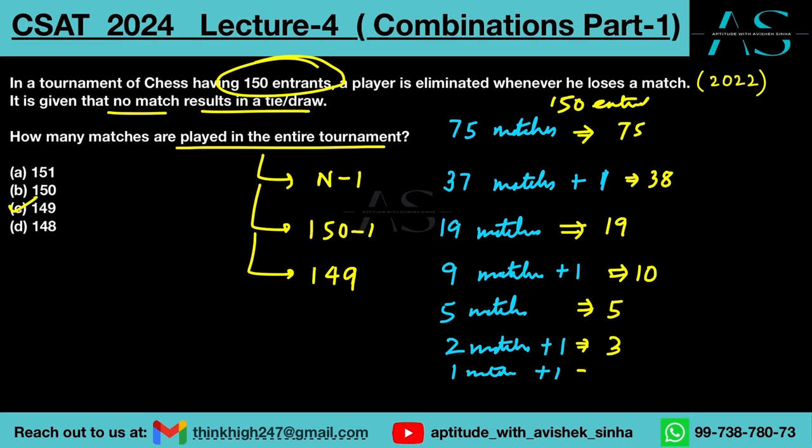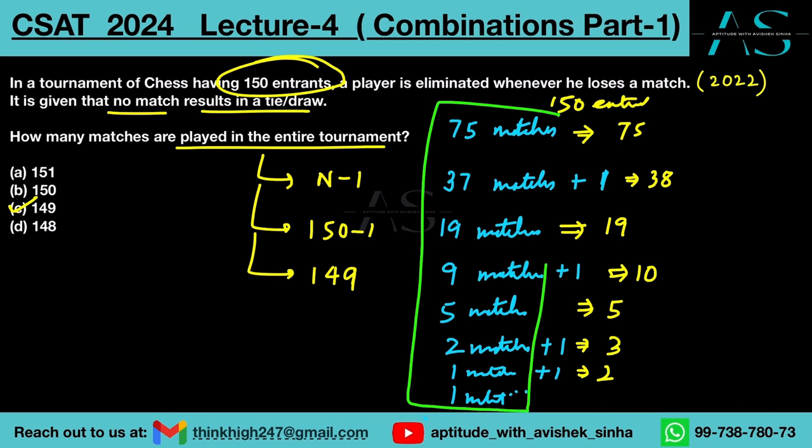So now we have 2 players, 1 more final match. Now, if we add all of these matches, only the matches, we'll get 149.